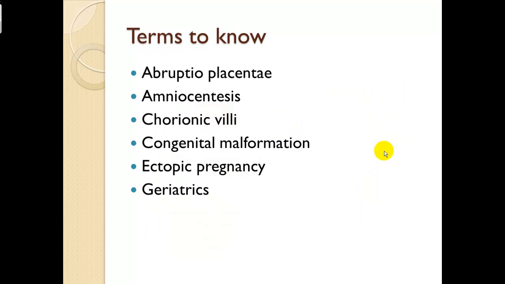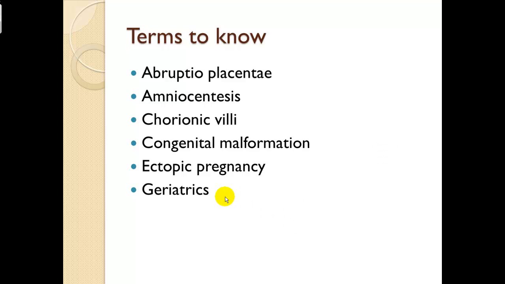General terms you should know: abruptio placentae, which is a tearing of the placenta off the uterine wall. Amniocentesis checks for genetic malformations. Chorionic villi attach the placenta to the uterine wall. Congenital malformations are things that we see in the development of the fetus. Ectopic pregnancy: the fertilized ovum, as the blastocyst started developing, actually adhered to the wall in the fallopian tube.